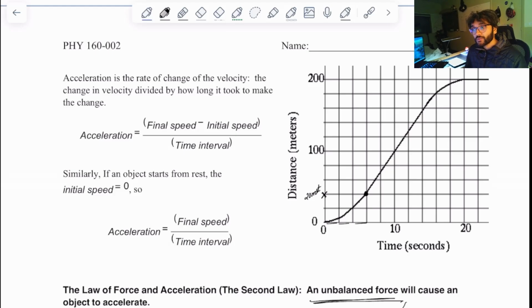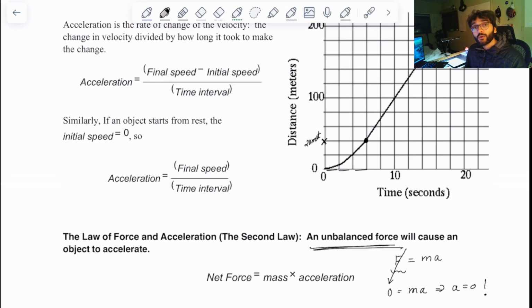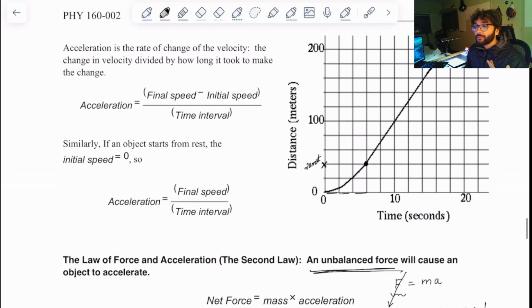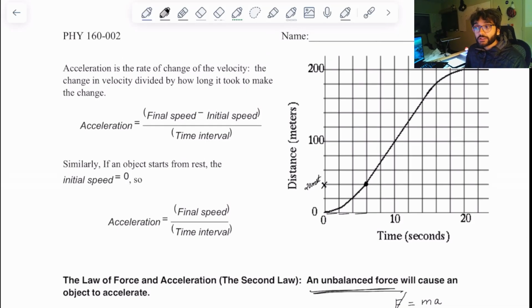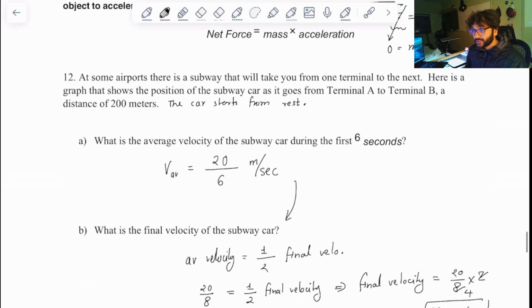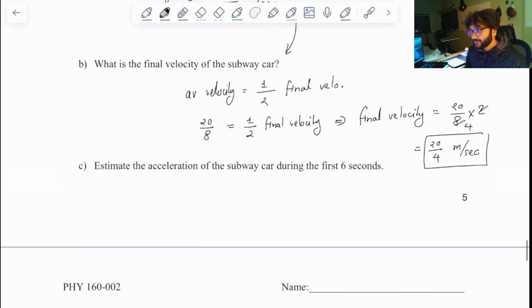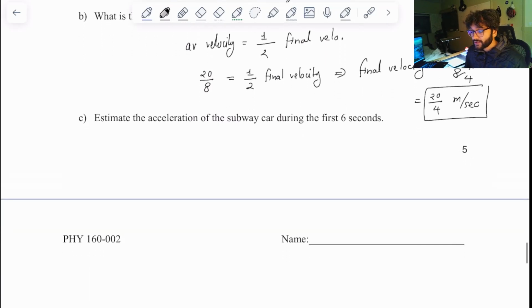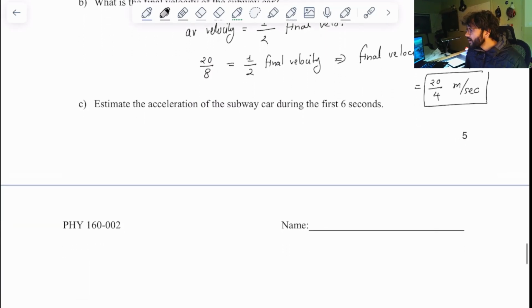Here we just assume that there's no direction change, so it was not as if the car starts from terminal A, goes to B, comes back to terminal A. So that's why we are able to interchangeably use speed and velocity, because the direction really doesn't matter here. So that's something to keep in mind if you're getting confused with speed and velocity in this problem.